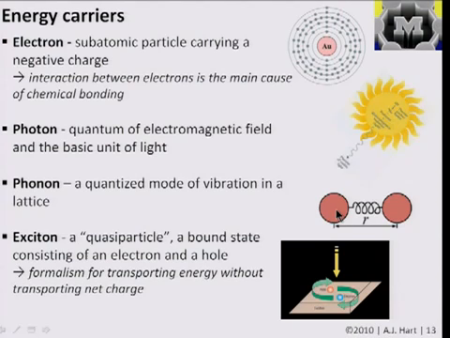And you hear the term exciton generation in the context of when light hits a material, such as light hitting a quantum dot, as we'll talk about later, and exciting an electron to an excited state or a higher energy level. And that leaves what we call a hole behind, and the exciton is sort of the electron and the hole together. So the exciton in that regard is a formalism for transporting energy without transporting net charge, because the electron and the hole add up to a net charge of 0.